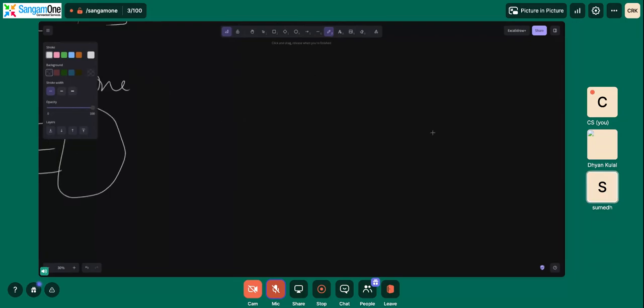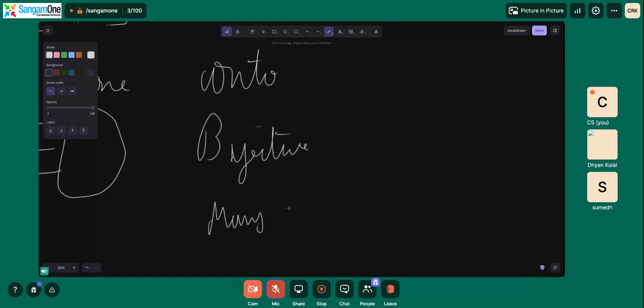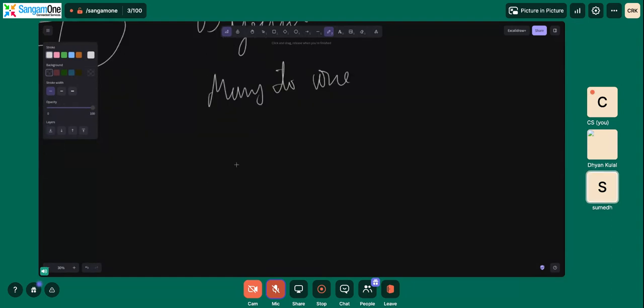Then we have onto. First, I will write all the things that we have. Then we have bijective, many to one, constant functions, and identity functions.